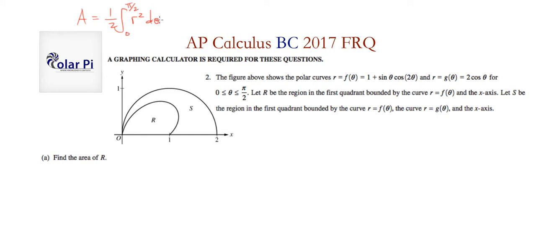I thought that was pretty clear, so I didn't need to say along theta because of that d theta there, right? So we change theta from 0 to pi over 2. Those are the bounds.